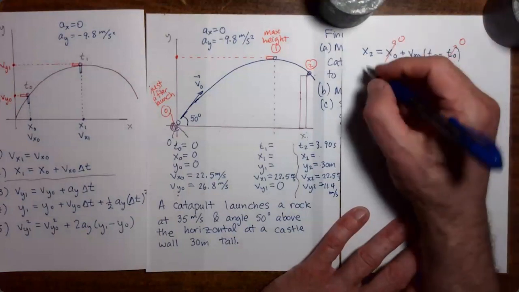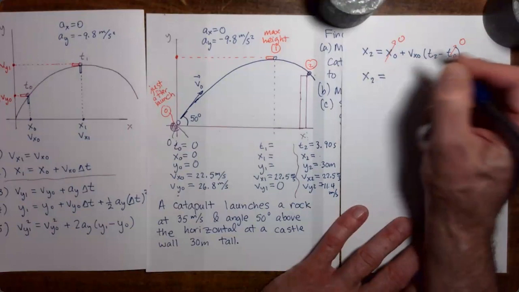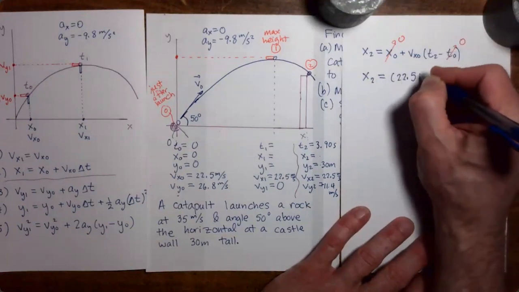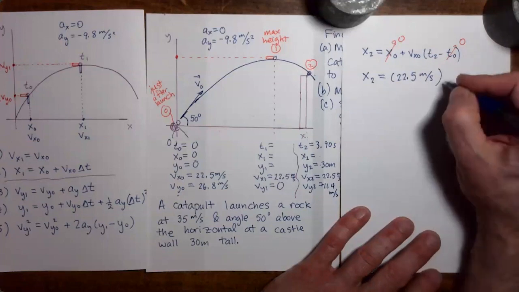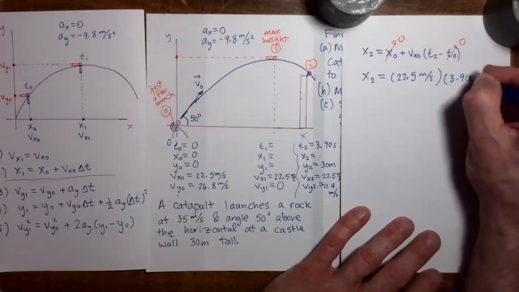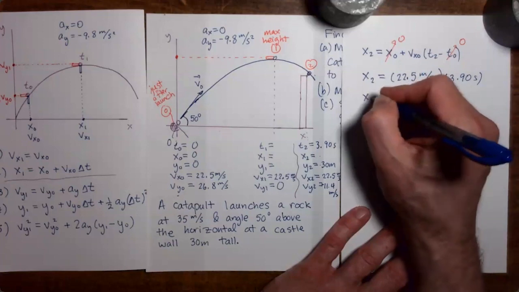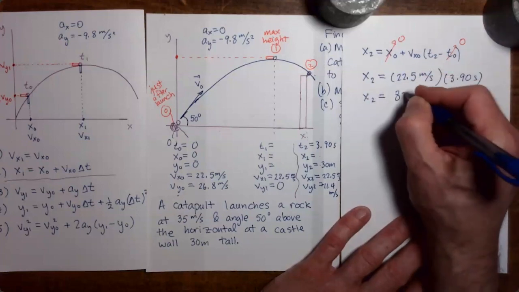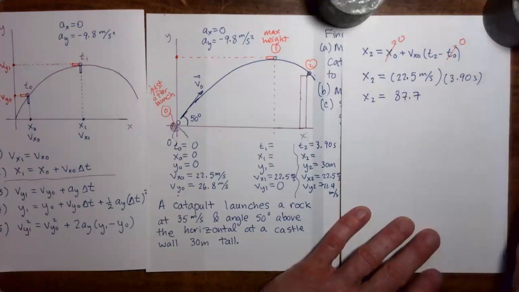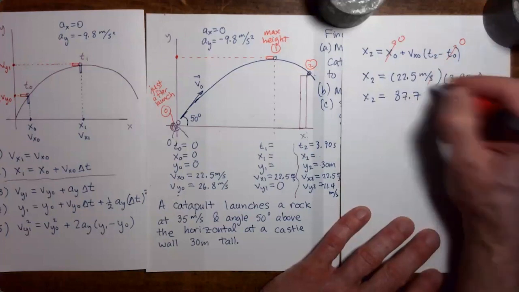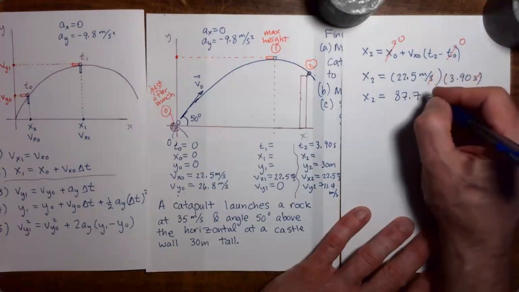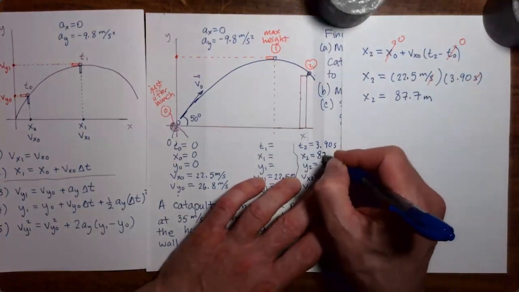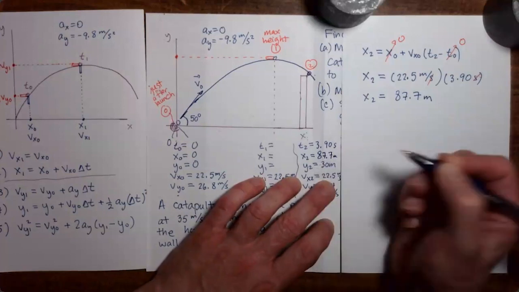And finally, we get our answer to part A. X2 equals Vx0, 22.5 meters per second, times time 2, 3.90 seconds. And I get 87.7. Seconds cancel seconds, and the unit of the answer is meters. Okay, so we have solved our first part.